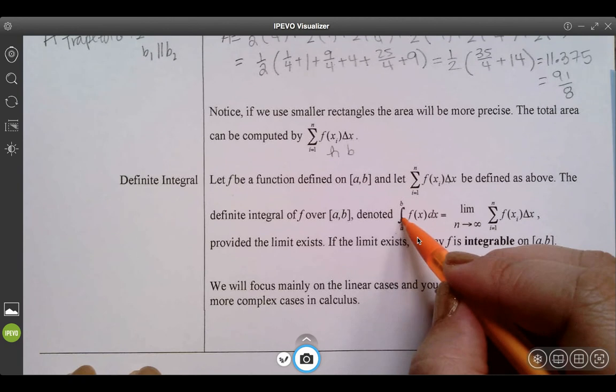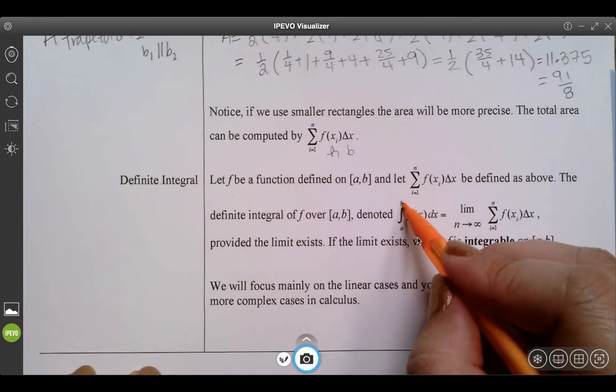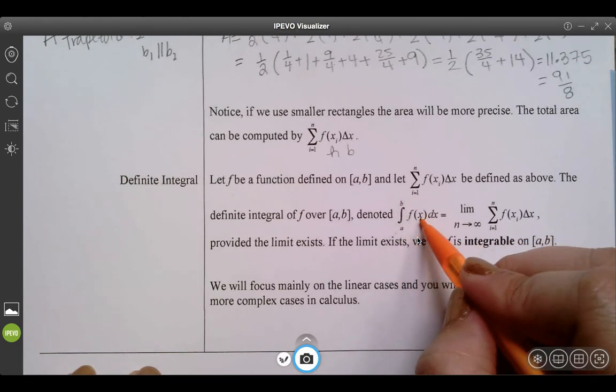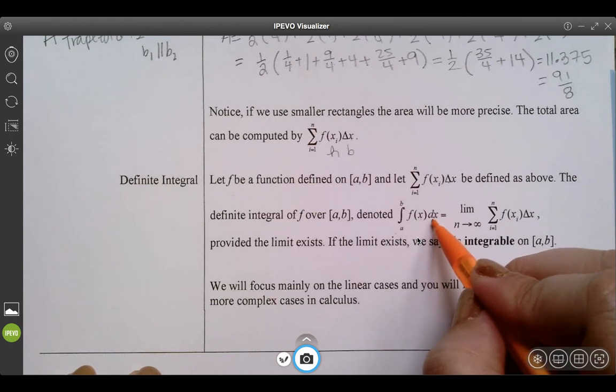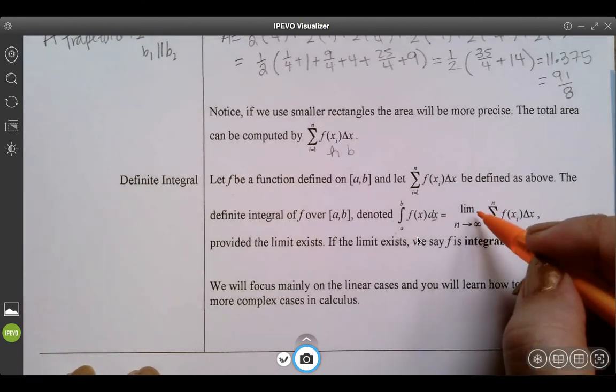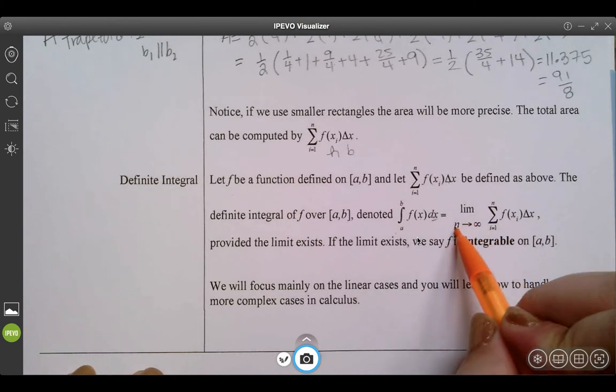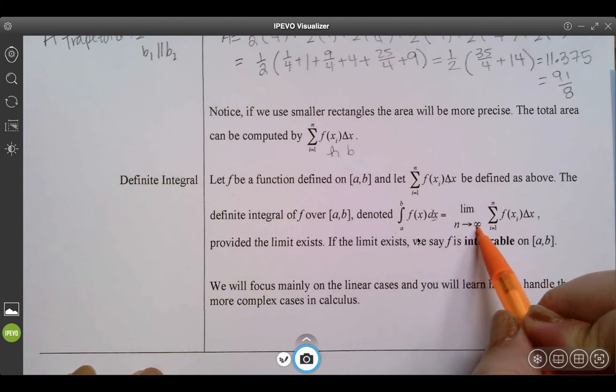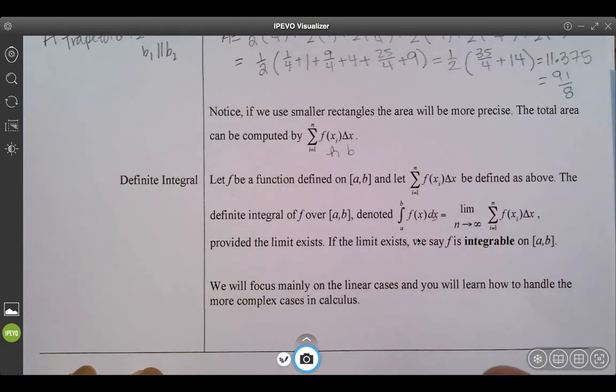Okay, so we say the integral from a to b of f of x dx. So that tells us our distance, our change in x is what we're looking at, our rectangles. And we say that that's the limit as the number of rectangles goes to infinity. So as our rectangles get smaller and smaller, so we get more and more rectangles, our area gets more and more exact.